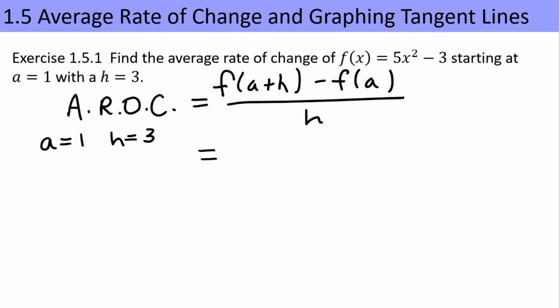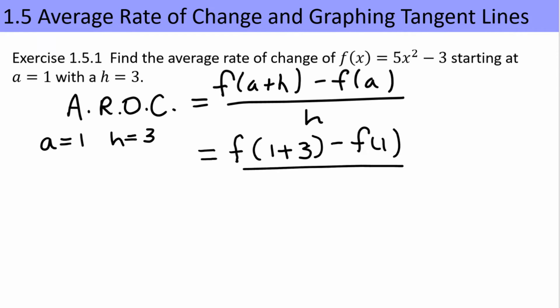This would be f of a, which is 1, plus h, which is 3, minus f of a, which is 1, all divided by h, which was 3. This can be further simplified so that we get f of 4 minus f of 1 divided by 3. Let's compute each of those parts.